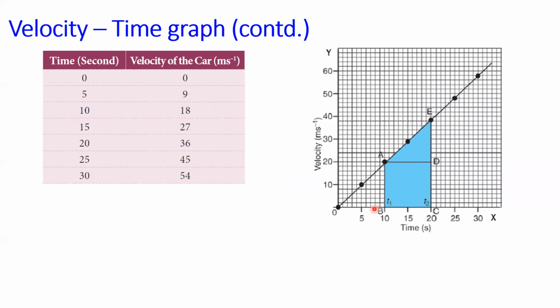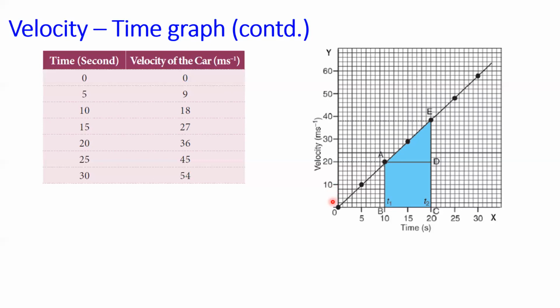Time and velocity of the car is given for every 5 seconds. We are going to note the reading from the speedometer of the car. When you draw the graph by taking the time along the x-axis and the velocity along the y-axis, mark the point for each set of readings, and we get a straight line. That straight line goes through the origin.